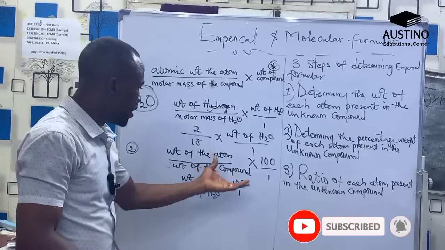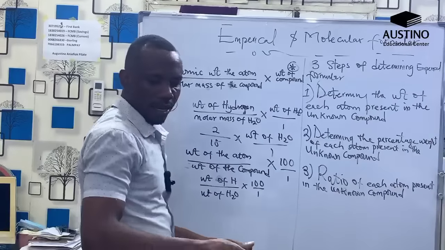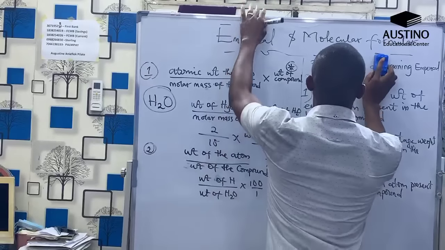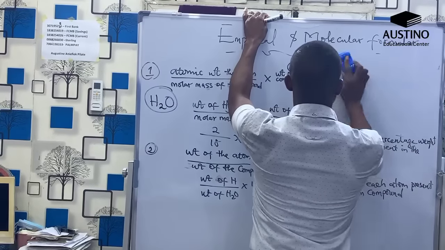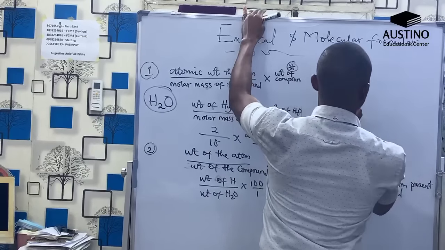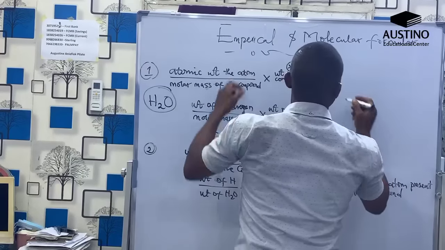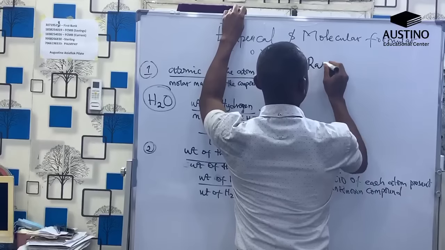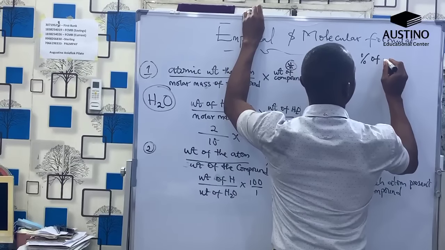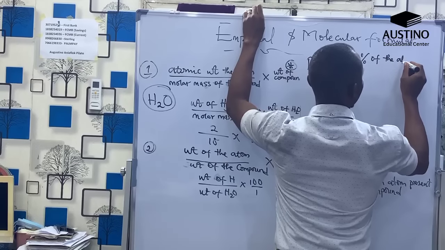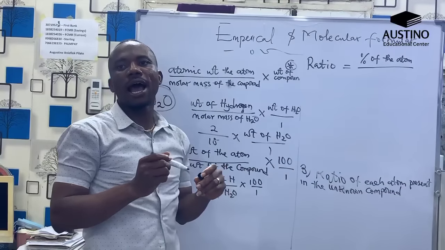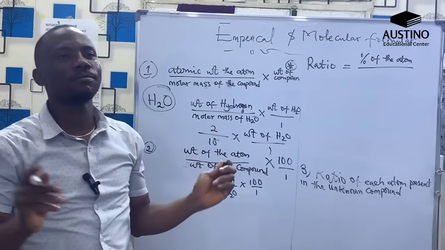And how do we get the ratio? It's going to be the percentage of the atom all over the atomic weight of the atom. Take note, not molecular weight, but atomic weight. For instance, the atomic weight of carbon is 12, and for hydrogen it is 1. So it's the percentage of the atom all over the atomic weight of the atom.